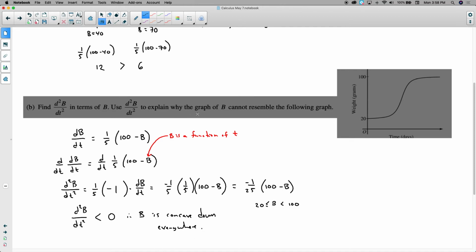All right, so explain why the graph of b cannot resemble this one. B is concave down everywhere.